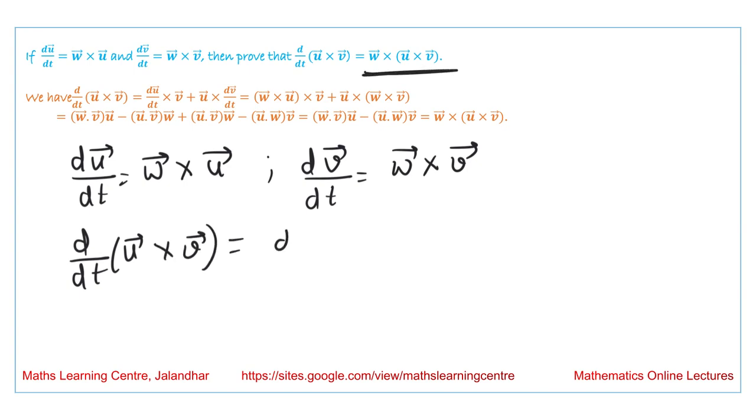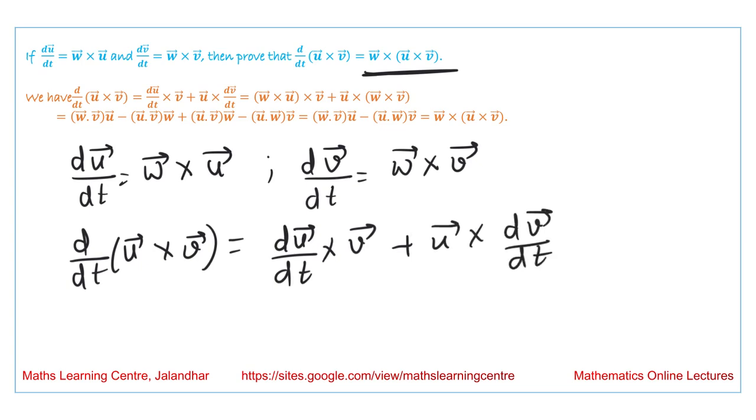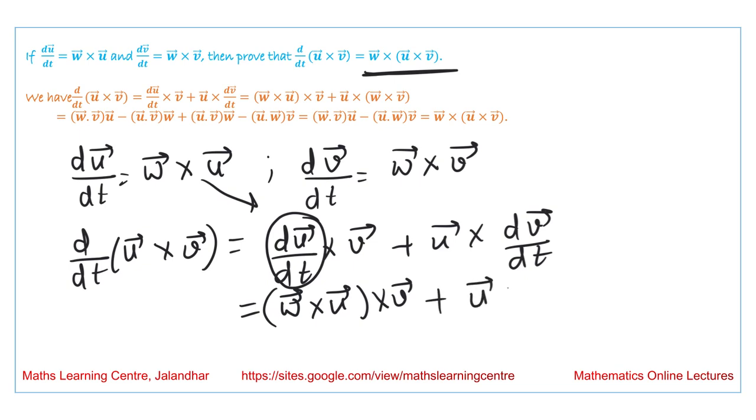So this is equal to du vector by dt cross v vector plus u vector cross dv vector by dt, and we write what du by dt is. It is given to be w cross u vector cross v vector plus u vector cross w vector cross v vector.